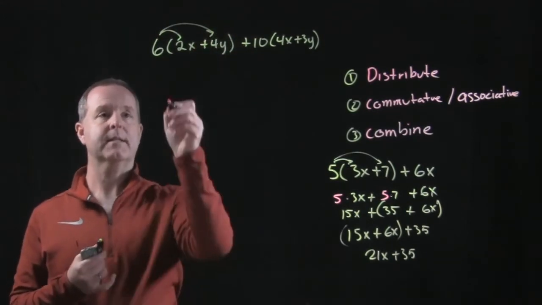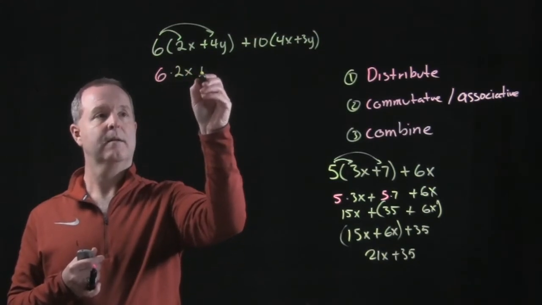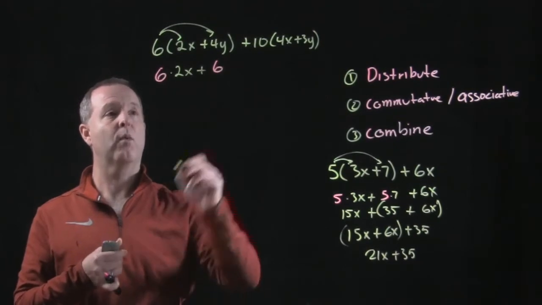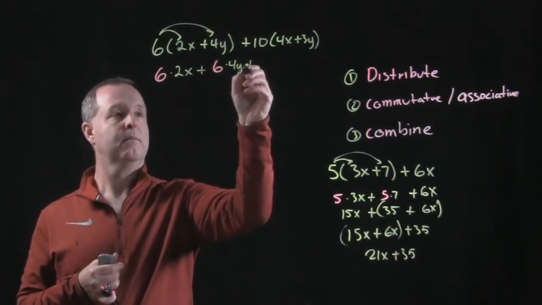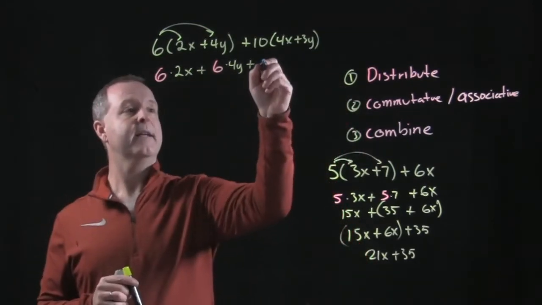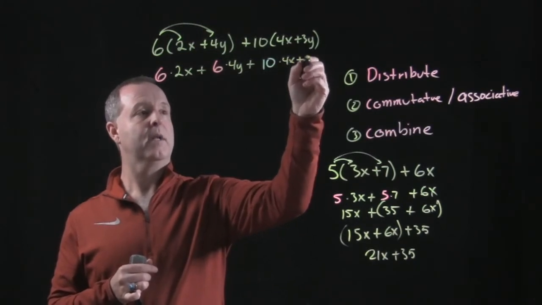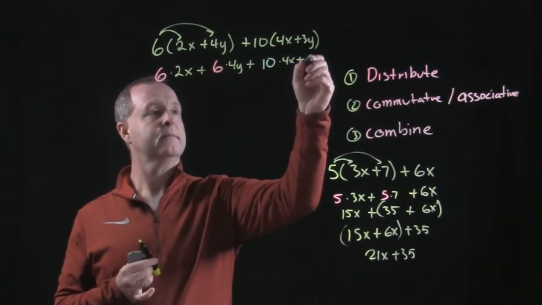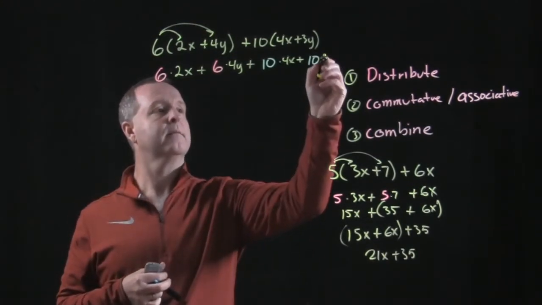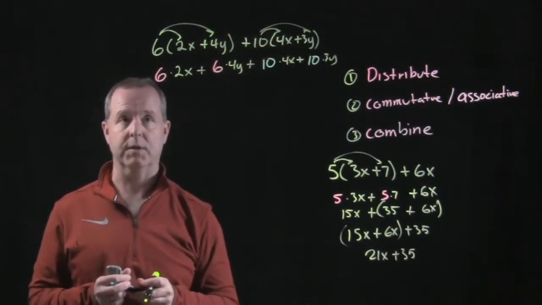So that would become 6 times my 2x plus 6 times my 4y, plus 10 times my 4x plus 10 times my 3y. And you can see that I likewise distributed that 10 across those terms.